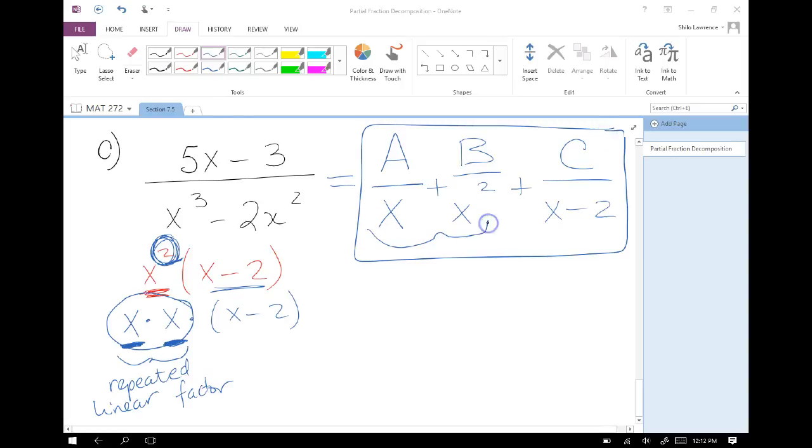So repeated factorizations or repeated factors are going to have multiple fractions representing them.